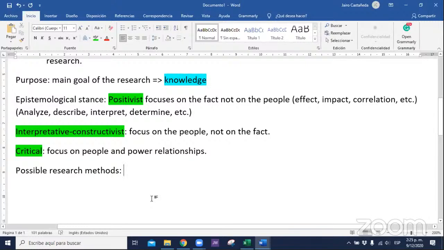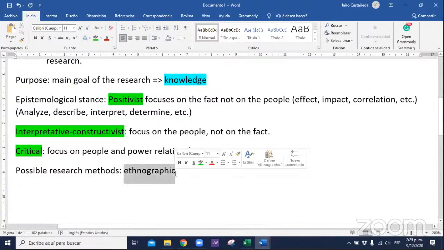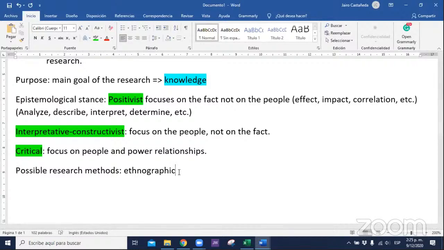Imagine that you want to do something ethnographic. From ethnography, you can take two different stances, the interpretative constructivist or the critical. In the interpretative constructivist, the only thing that you are going to do is observe the people and describe the people, right? But there is another one, critical ethnography.